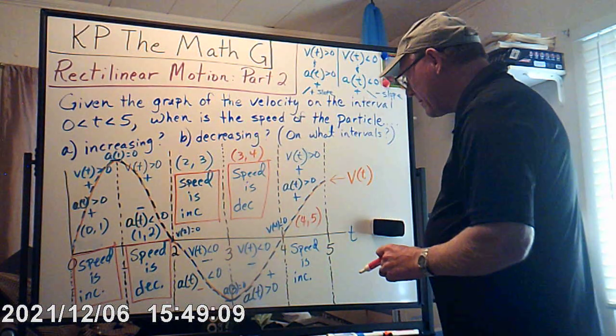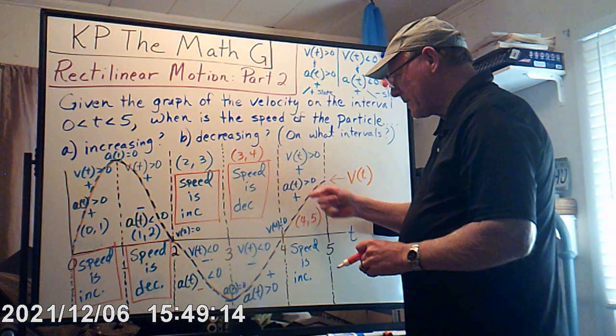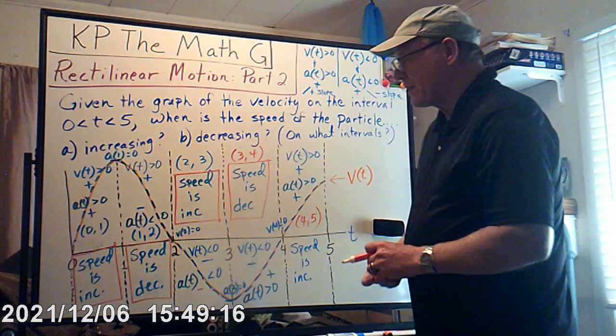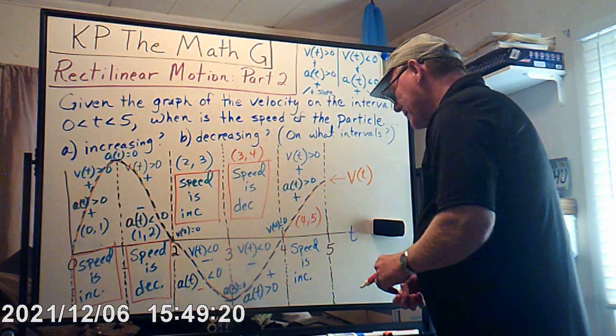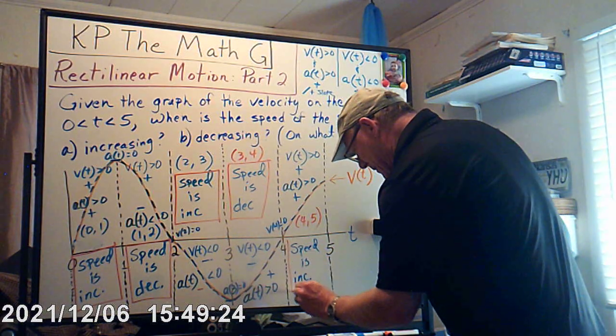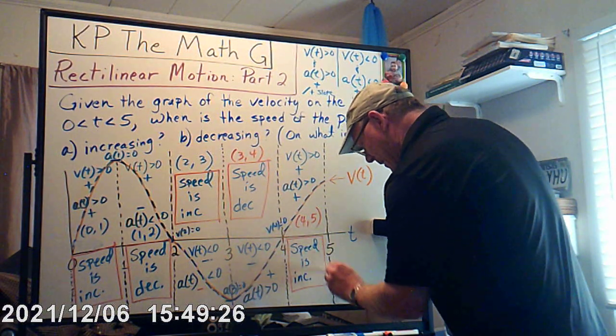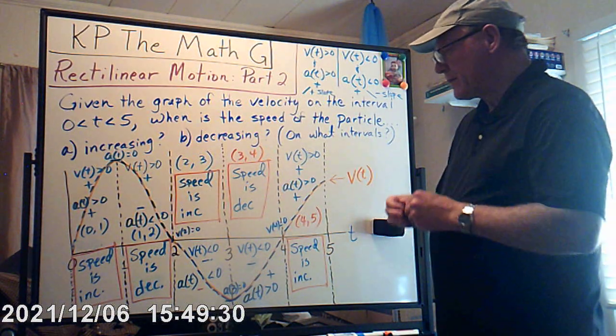Here, the velocity is positive and the acceleration is positive once again, just like it was from 0 to 1. Exactly the same idea. So the speed here is increasing. And that's how you tell when.